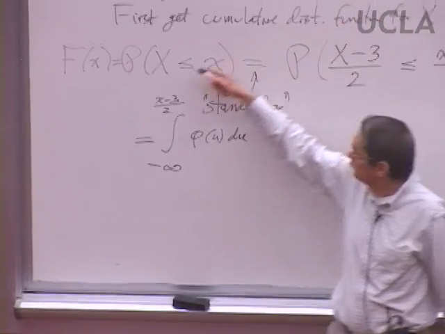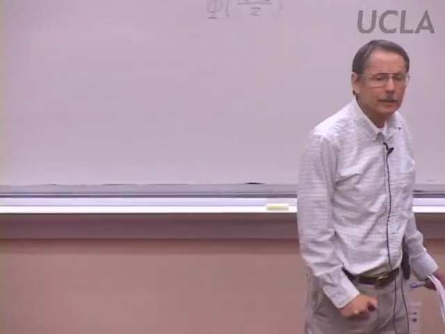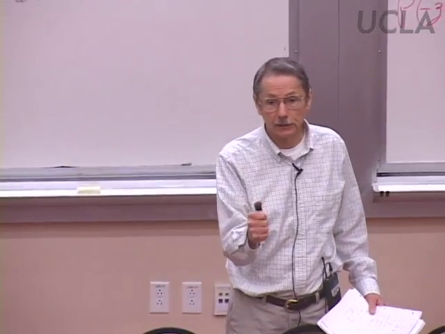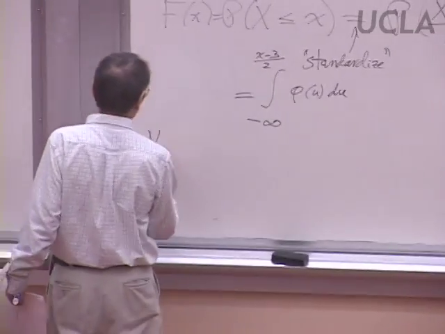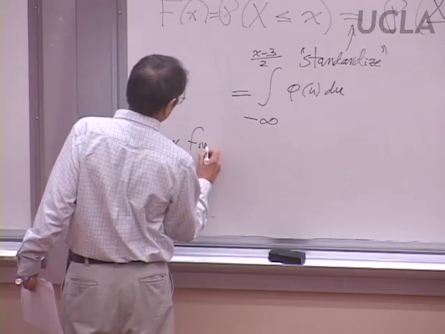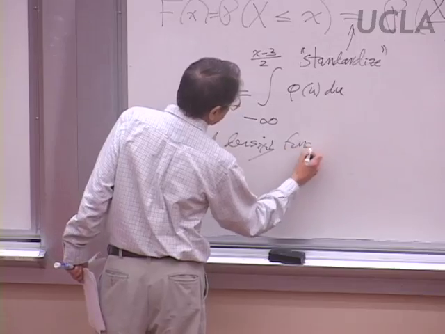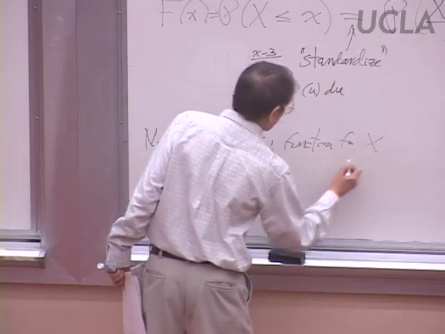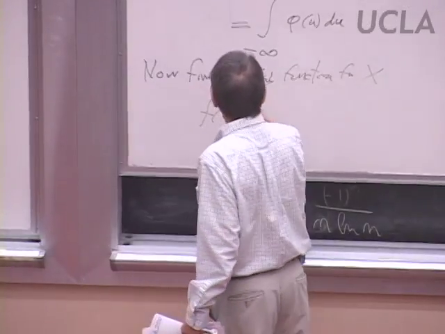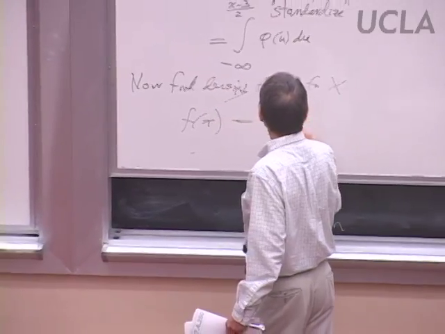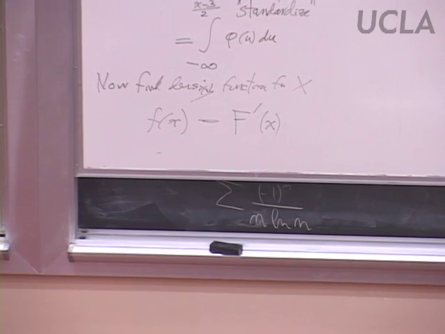Well, we have a formula for the cumulative distribution function for x, but that wasn't the problem. We want the density function for x, called little f. That's what we always call it. We know the density is the derivative of the cumulative distribution function, and we have the cumulative distribution function in front of us.